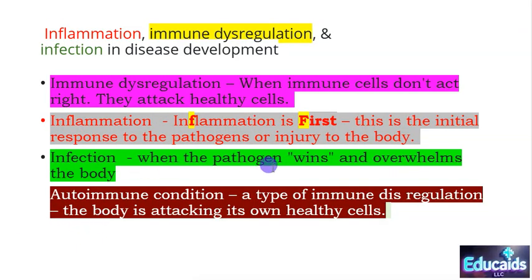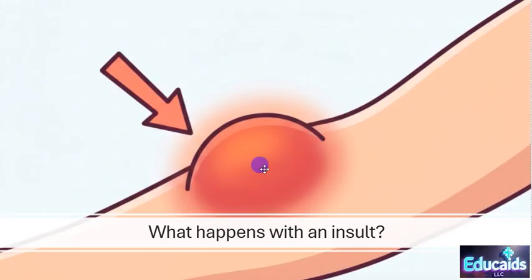Infection is when the pathogen wins and overwhelms the body. So you have your initial insult, and then you have inflammation. But if the body's not able to fight it off, then you have an infection. I put this in here, students. If somebody comes up and punches you in the arm, your arm is going to get red, hot, swollen, and tender. That is inflammation. What happens is blood pools there because it's trying to fix it.